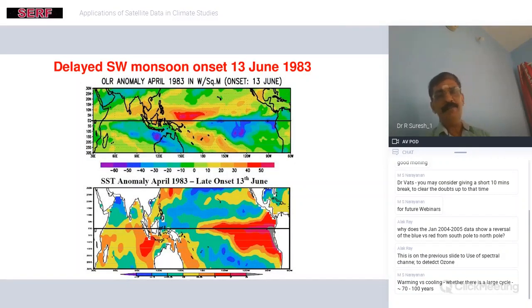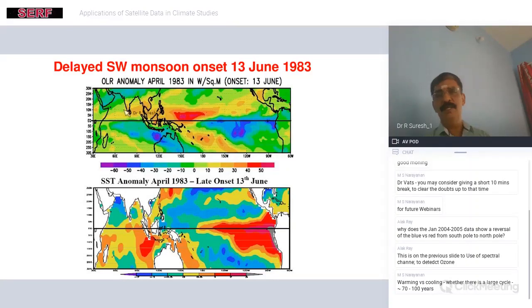Now, explaining the delayed onset in some years, I just put one slide which is very useful according to my concept and understanding. Way back in 1983, the onset was much delayed. It was delayed by 13 days. It was onset over Kerala on 13th June. You can very well see that the OLR anomaly is positive.